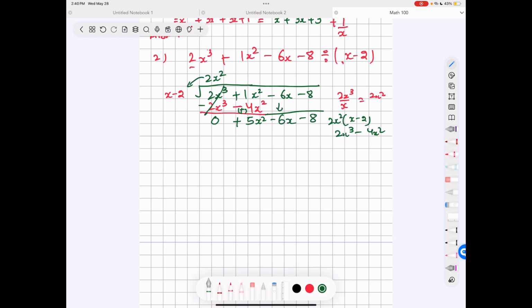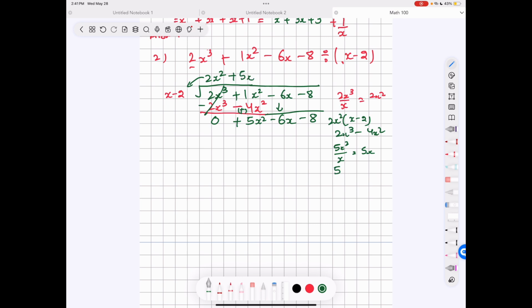Now we would do the same process. So if we do it, we are gonna get 5x divided by x, we get 5x. This is gonna be plus 5x.